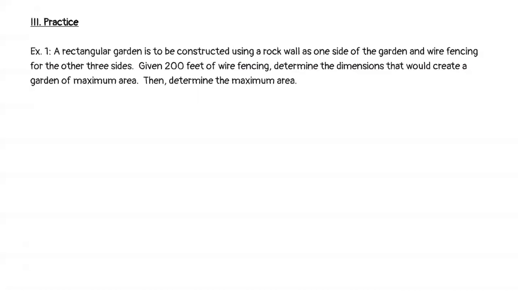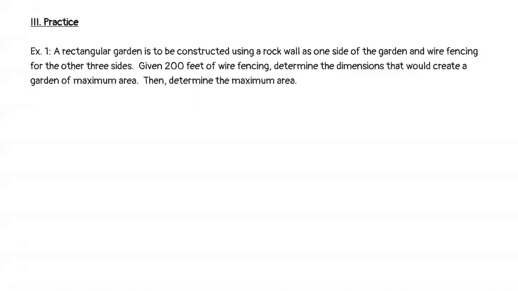So we're gonna start with a diagram, we're gonna do a formula brain dump, and then we are gonna talk about finding the maximum or the minimum of a formula, okay?